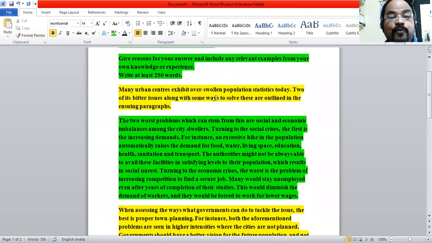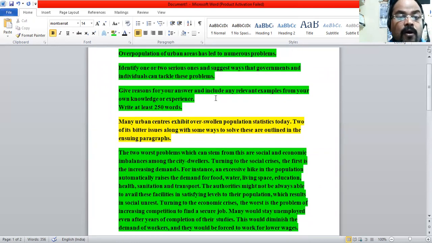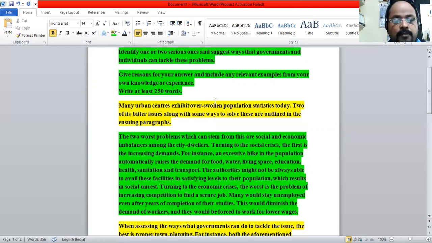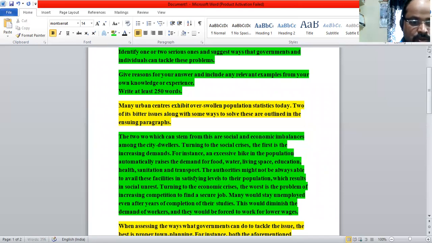Now let's go ahead with the first particular task, that is, what are the two problems? Two of its bitter issues. We are going to outline two problems, two of the worst problems. I can say the two pressing issues.